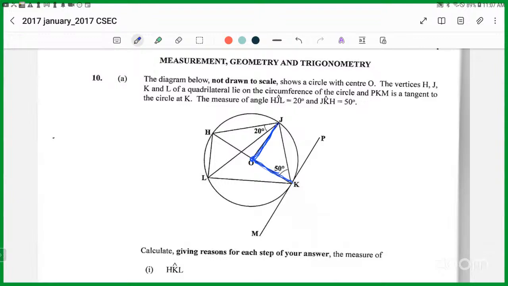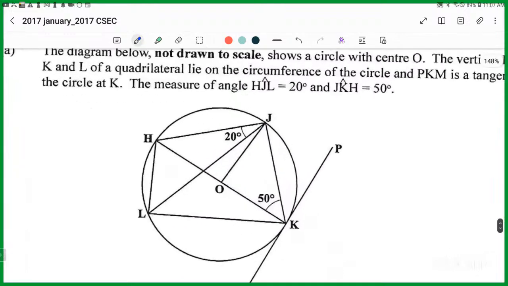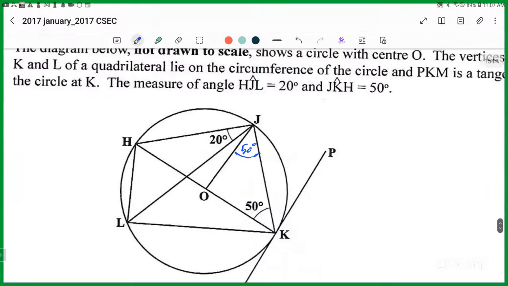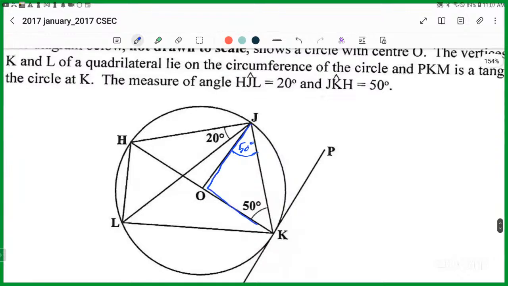And so the angle opposite this side, which is 50, is equal to the angle opposite this side. It means then that this angle down here is also 50. This angle here is also 50 right away, because this is an isosceles triangle.